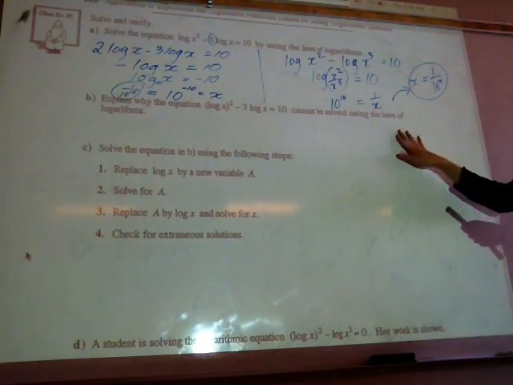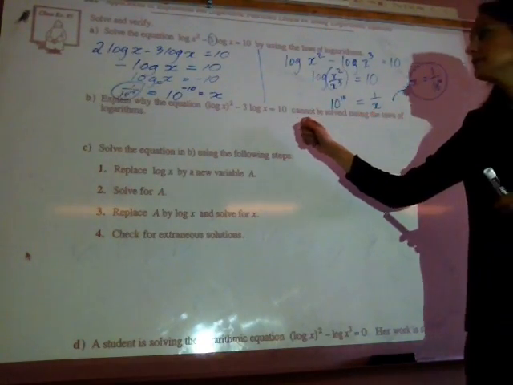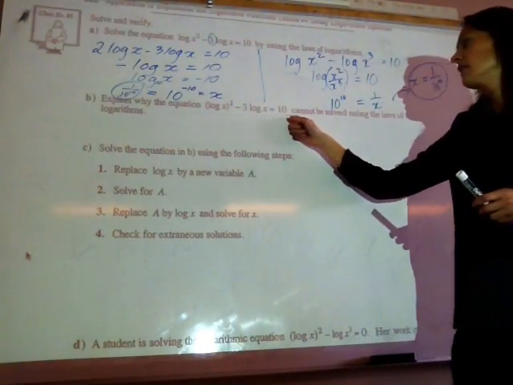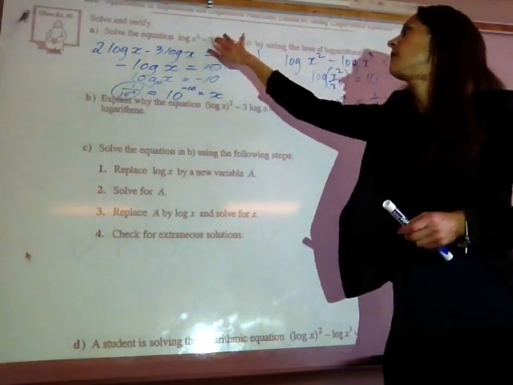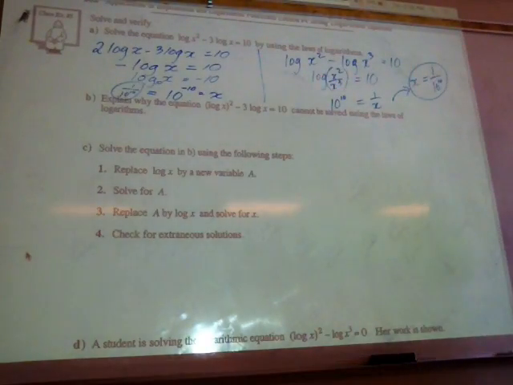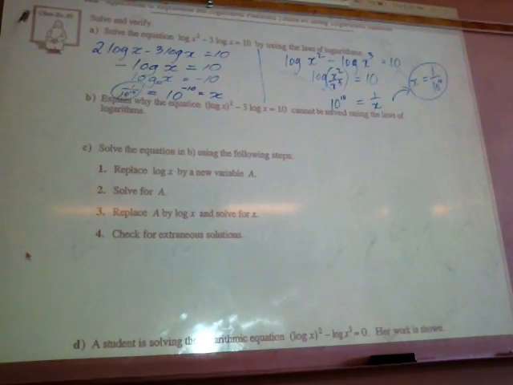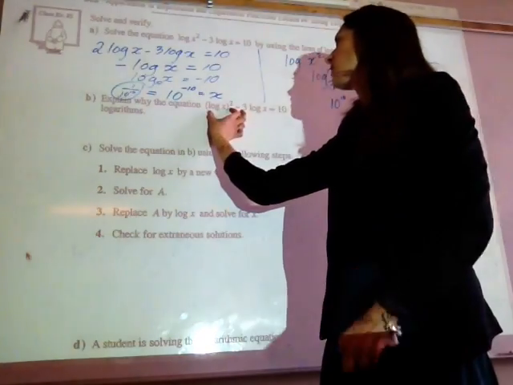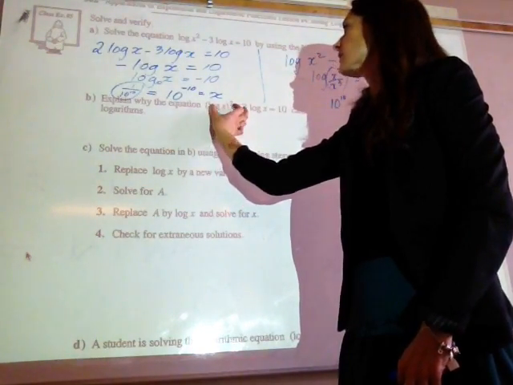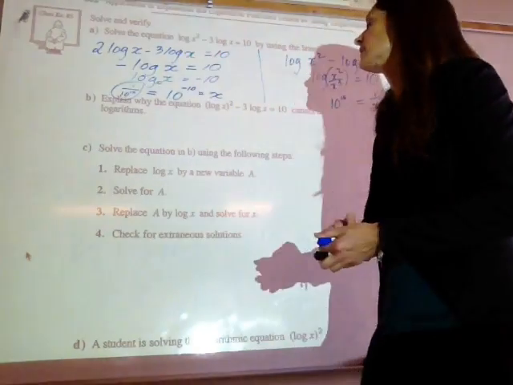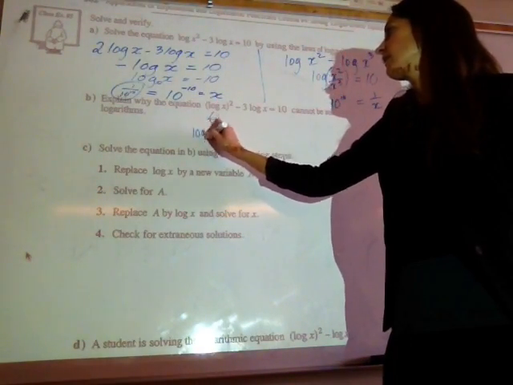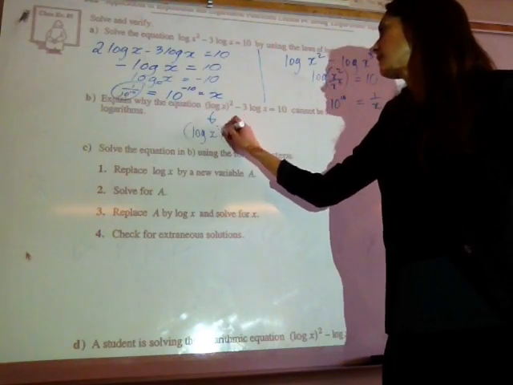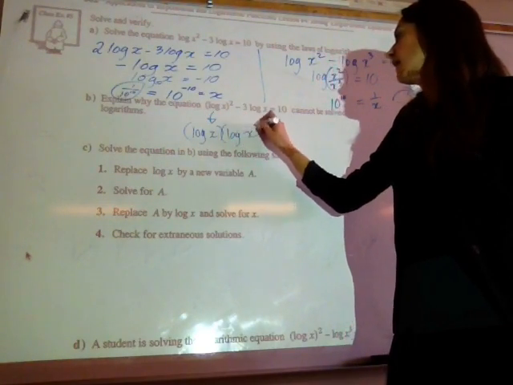So for part B, this is a good question. How come solving this question is not the same as solving part A? What's the difference? Good, there's a set of brackets around this logarithm x, whereas here, we didn't have it. If we look at this term here, that's like saying log x times log x.